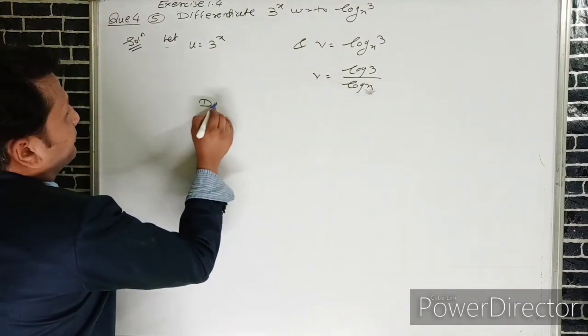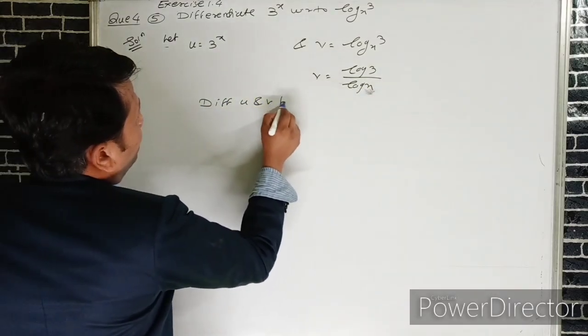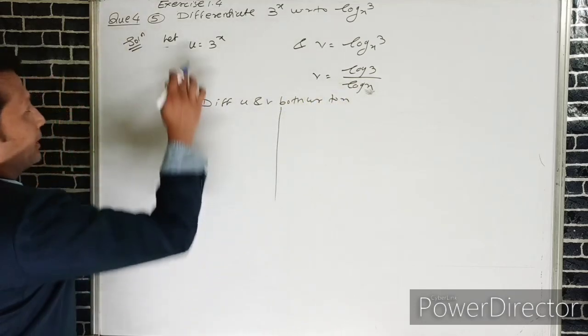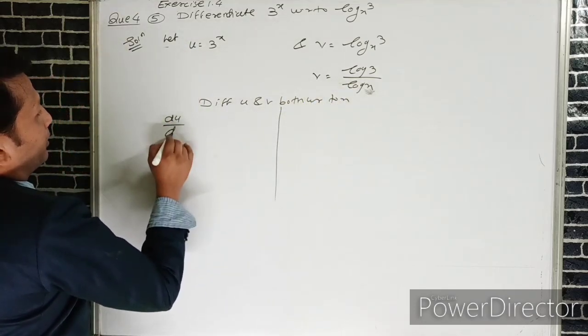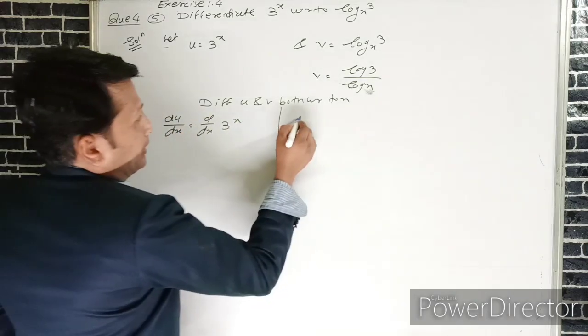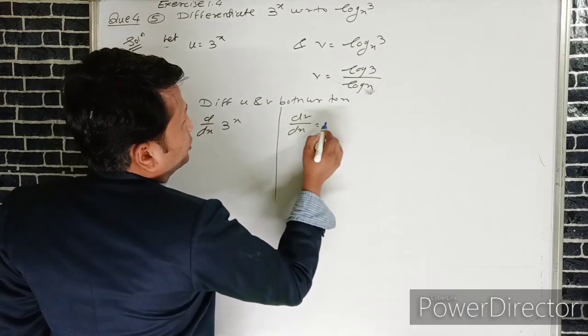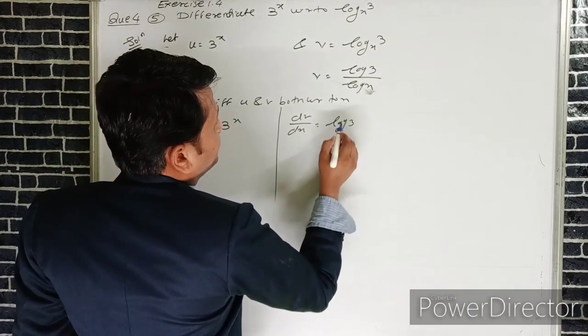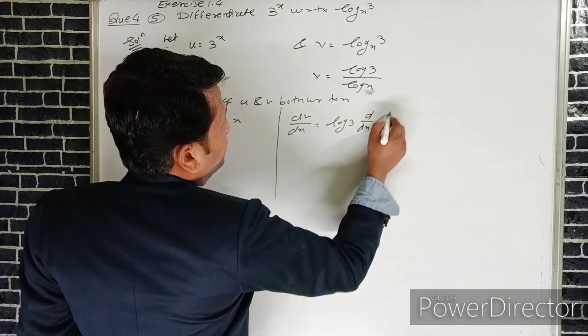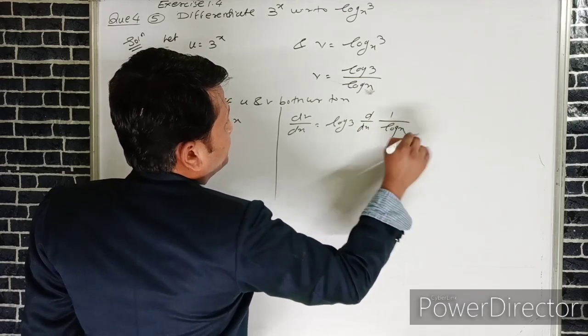If we differentiate u and v both with respect to x, then du upon dx is the derivative of 3 raised to the power x. For dv upon dx, log 3 is a constant, so we write the derivative of 1 upon log x.